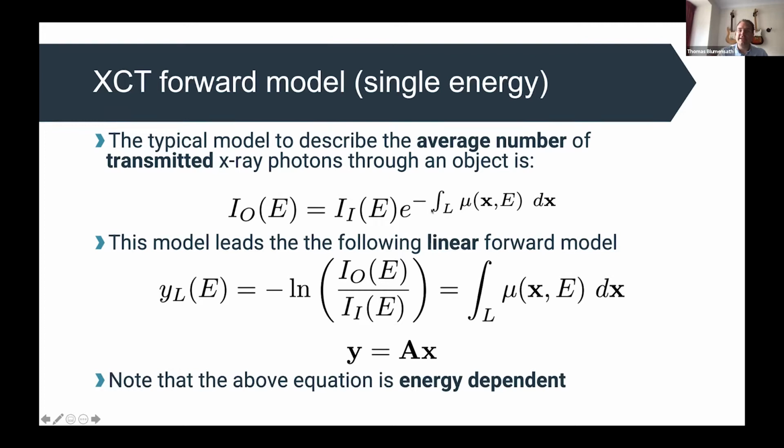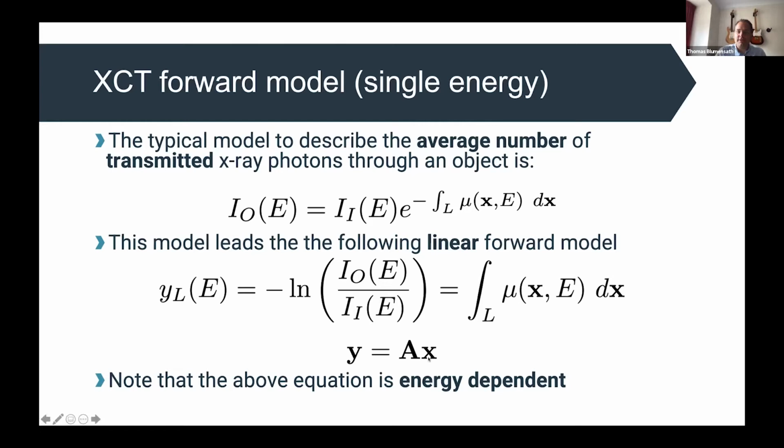So we can easily linearize this model by getting rid of the exponent, by rewriting our equation. And often we discretize things, and we end up with a matrix vector model where we have some observations y, and each observation is basically measuring how many X-rays make it through the object along a line.